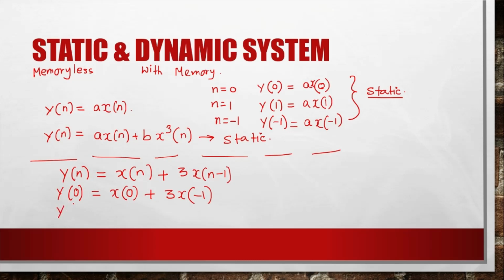So if I go for n equal to 1, I am getting this as like this. So here also it is a previous value. This is 1, this is 1, so it is a previous value. So if I test with the negative value, what am I getting? x of minus n, this is the instant, and 3 x of minus 2.